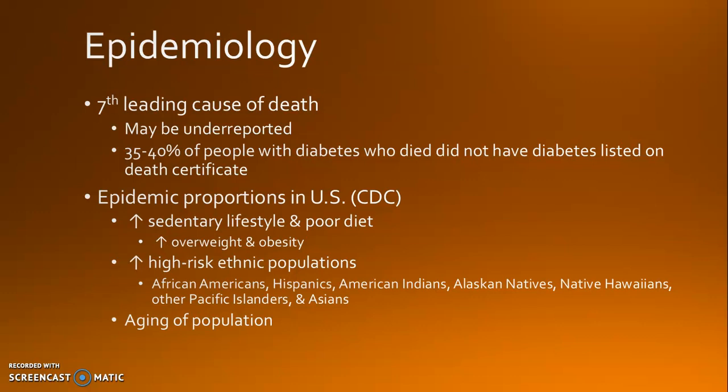And also the aging of the population can also be part of the reason that we're seeing these epidemic proportions. Diabetes has one of the largest portions of economic burden, and this is largely because of long-term complications and hospitalizations.